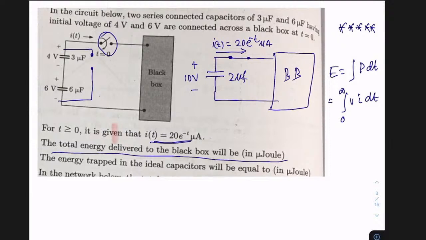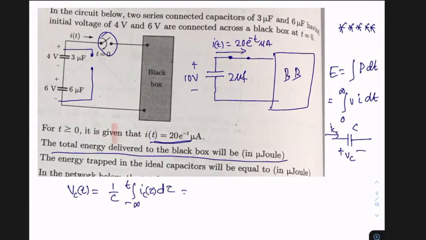The current information is given to me, but I need the voltage information. If you have a capacitor like this, this is C, this is your VC, and this is your IC. In such situations, the voltage VC(t) is given by 1 by C integration from minus infinity to t of IC(tau) d tau.